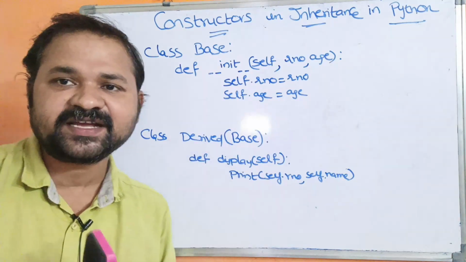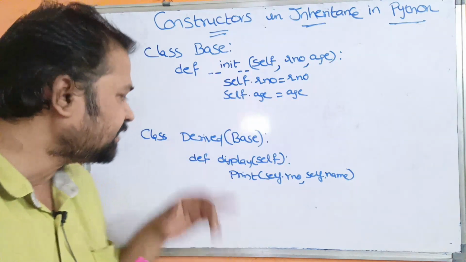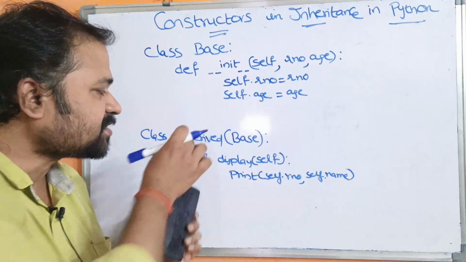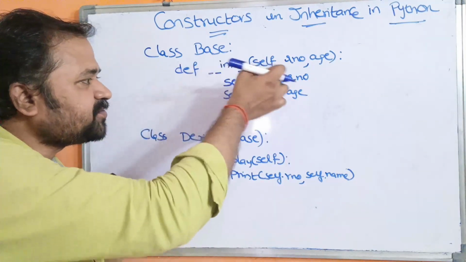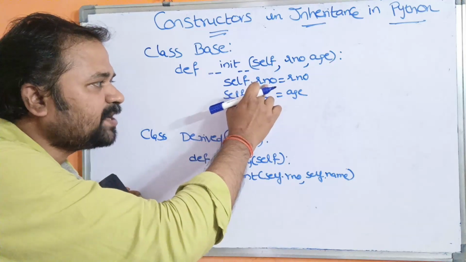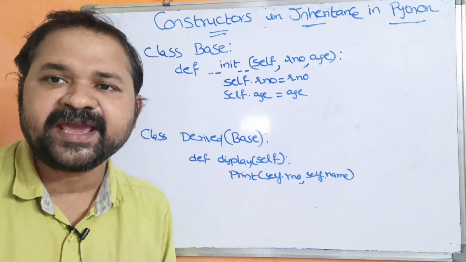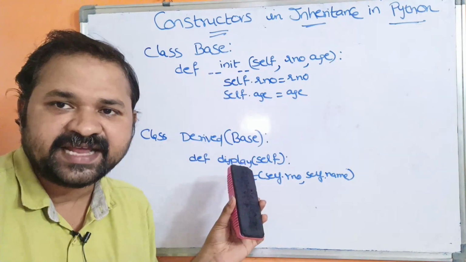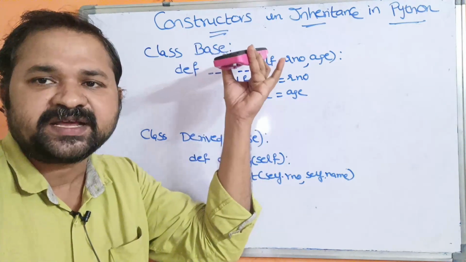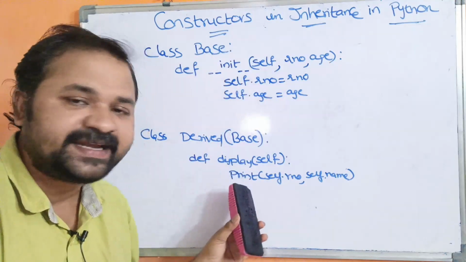Whenever the derived class is implemented, in the derived class we can use all the attributes of the base class. What are the attributes of the base class? Here we have roll number and name. We can make use of base class members in the derived class also. Now the derived class contains roll number as well as name, and it contains one method.